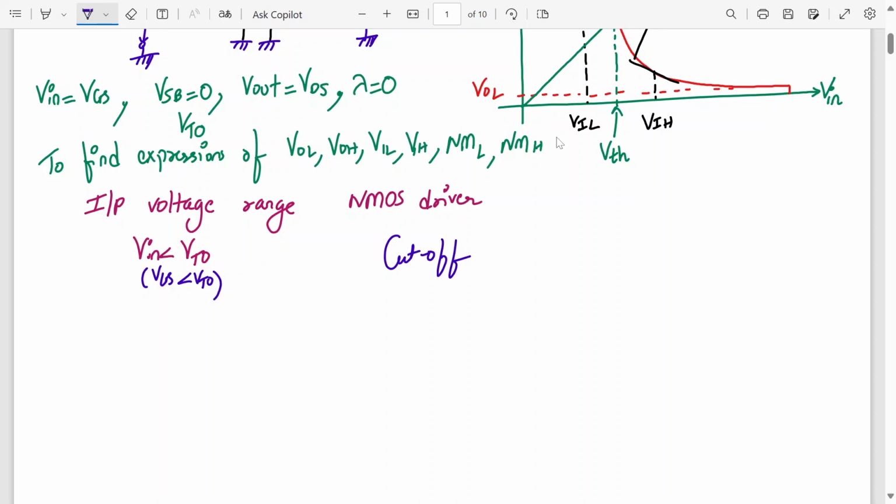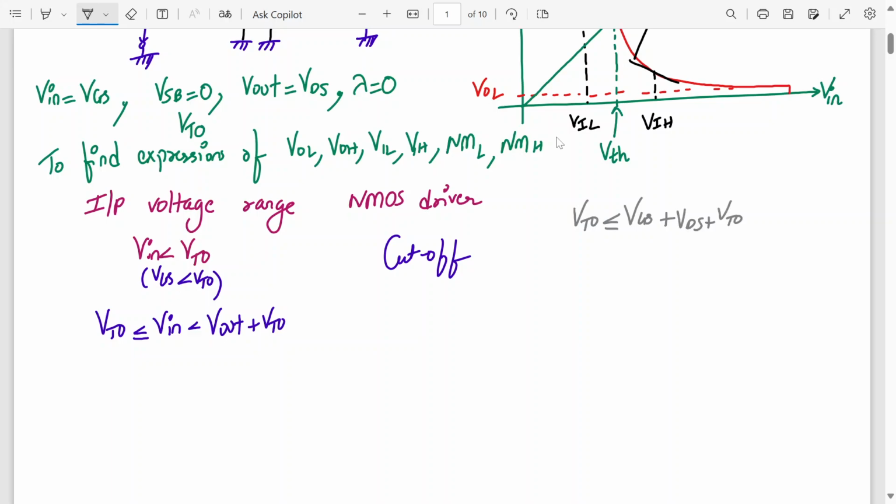Okay, the next range is Vin greater than VTO but less than Vout plus VTO. So let us check this range now. That means VTO less than or equal to Vin, and Vin is nothing but VGS, less than VGS plus Vout, where Vout is VDS, plus VTO.